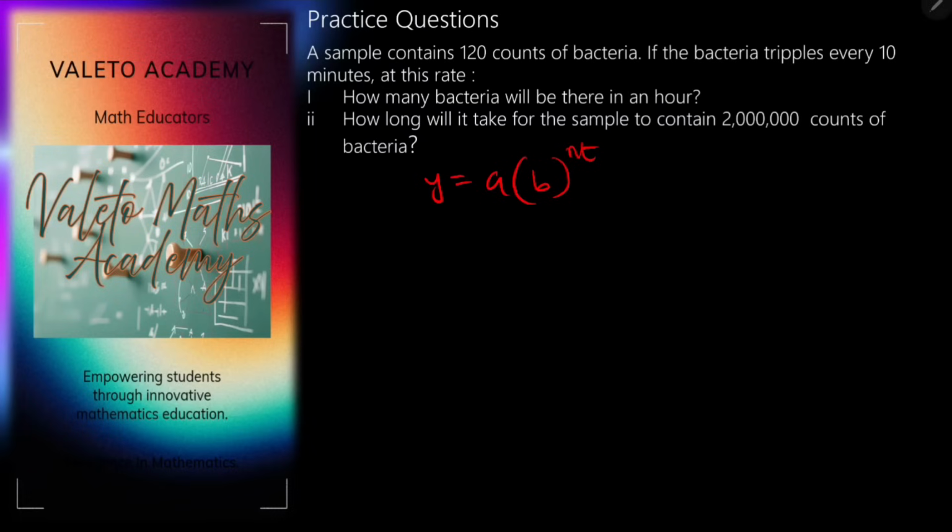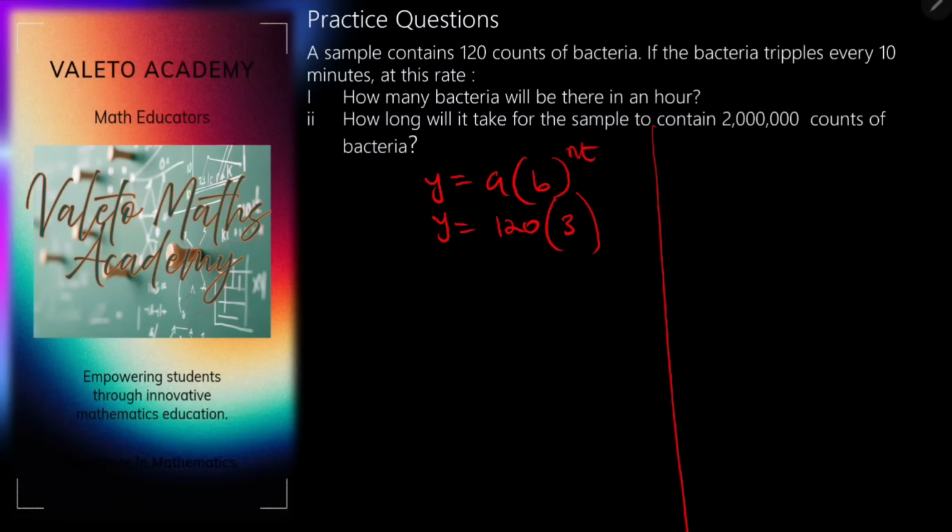the number of hours. Okay, so y will now be equal to a, which in this question is 120 counts, so 120 multiplied by b. They say it triples, so b is 3. Triple means 3. How many times does it triple in an hour?